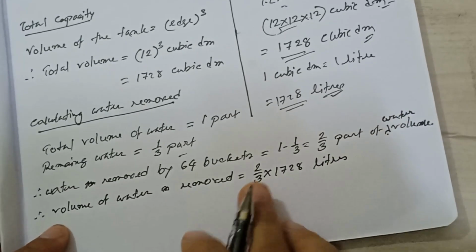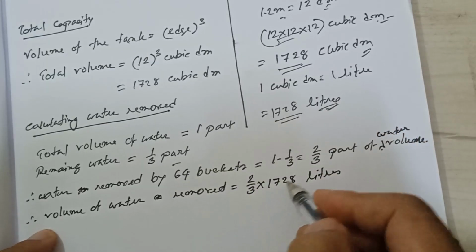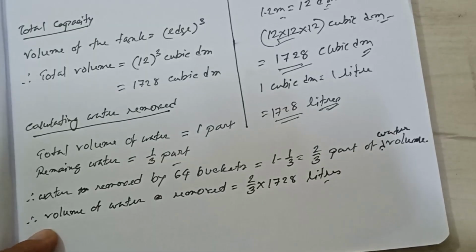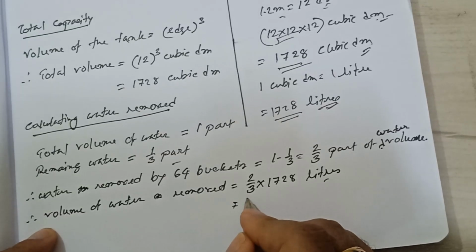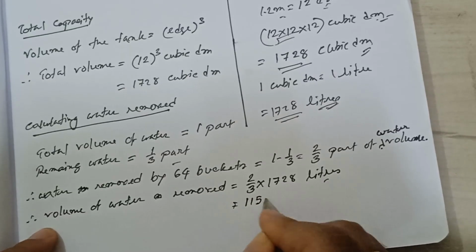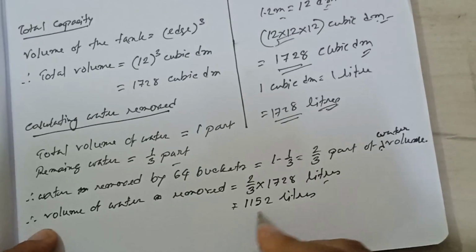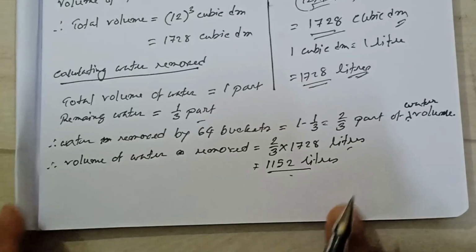Right? So we have to find 2 by 3 parts of 1728 liters. That will give us the total volume of water removed, which is equal to 1152 liters. So this much water was removed.